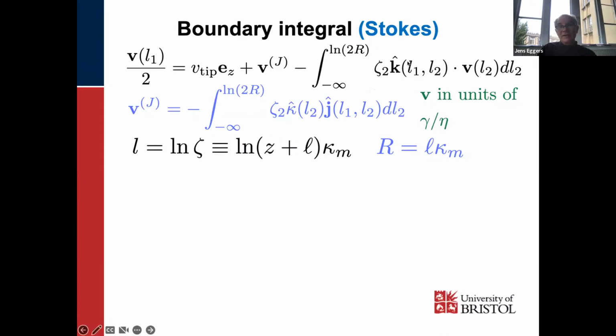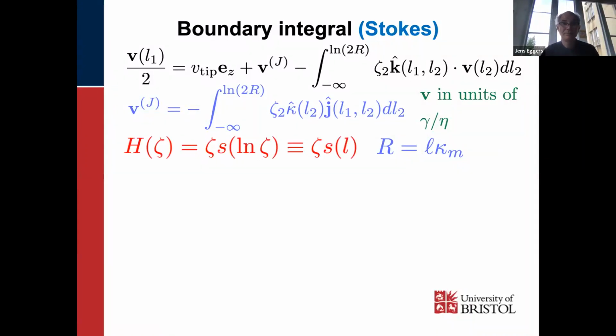And these k hats and j hats are integral kernels, which are functions of two variables, L1 and L2, which I can calculate, and I say a little bit more about them later on. And what I want to do is find the profile H of zeta I've introduced before.